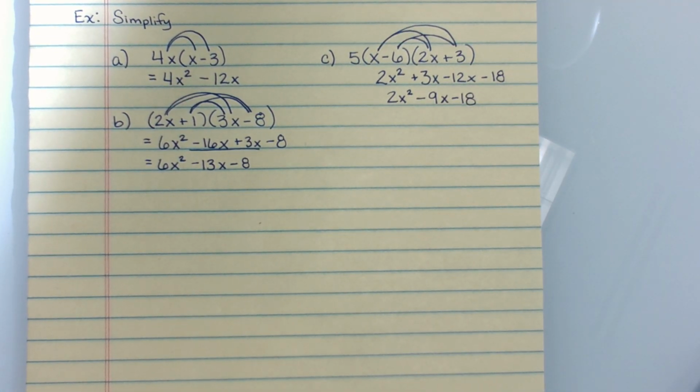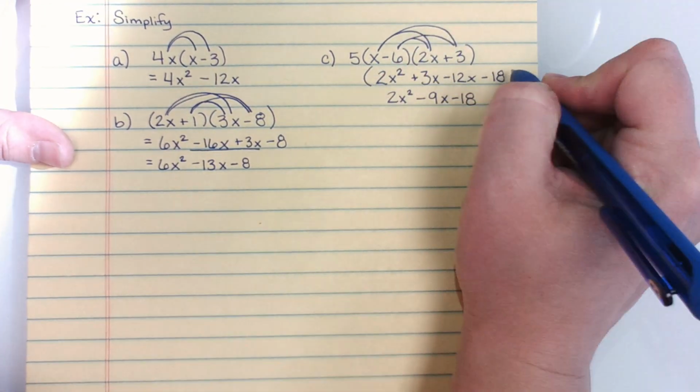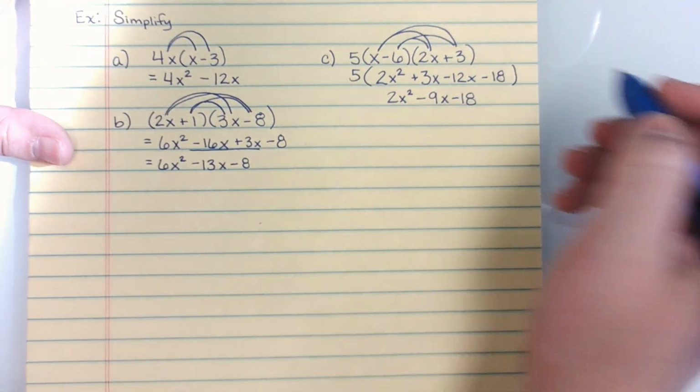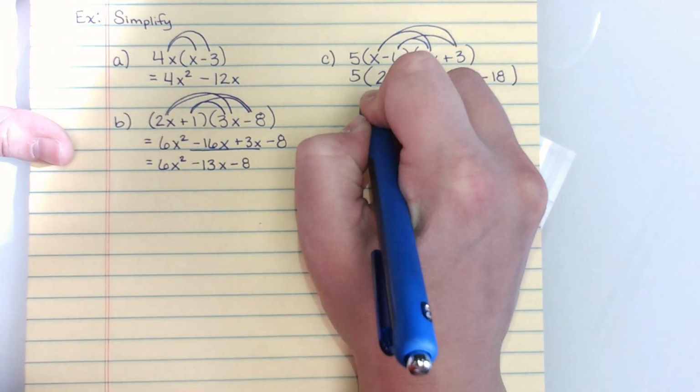Way too many people on the test, which had similar problems to this, then just stopped right there. What did I not do that I still need to do? Multiply by the 5, specifically distributing it. This is technically in parentheses with the 5 in front of it.